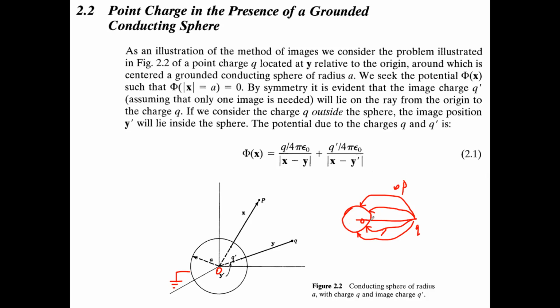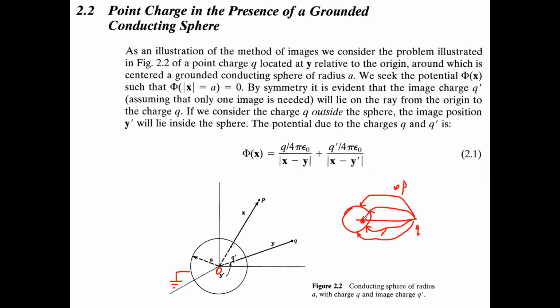So the entire effect of the spherical conductor can be replaced by a single charge, or maybe multiple charges. Let's see if there is a solution for a single charge to do the same thing.